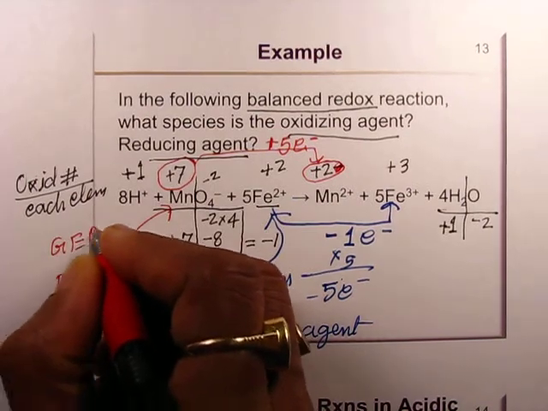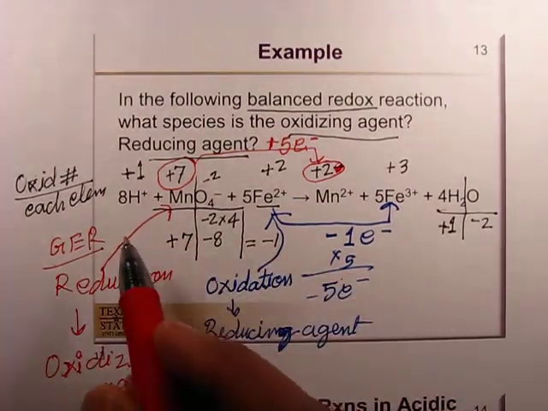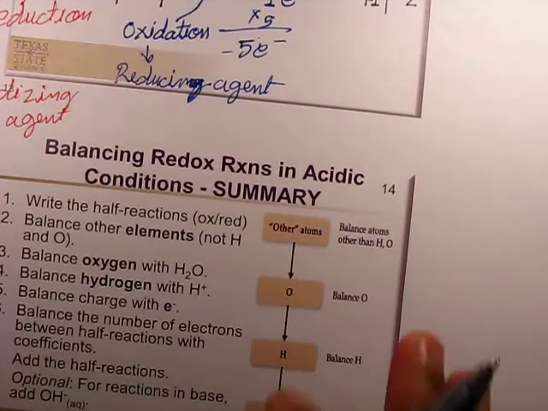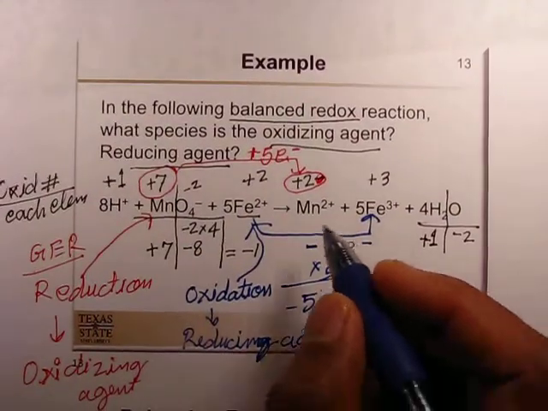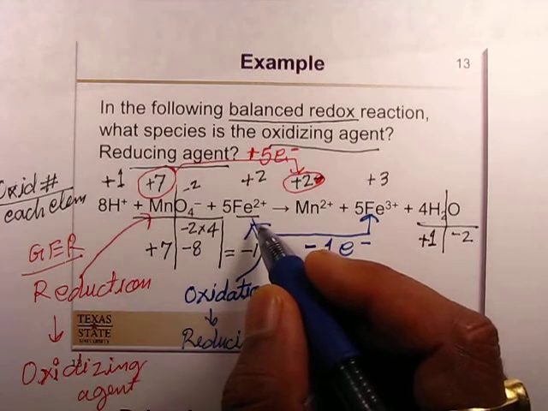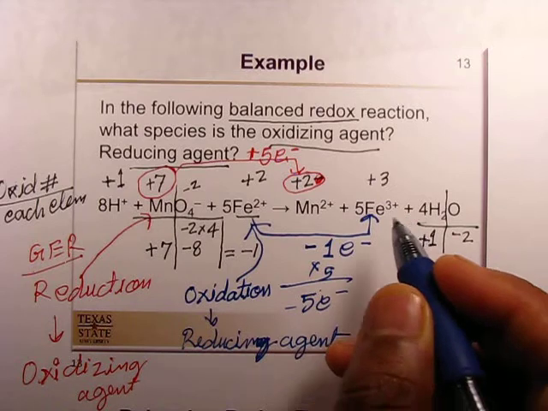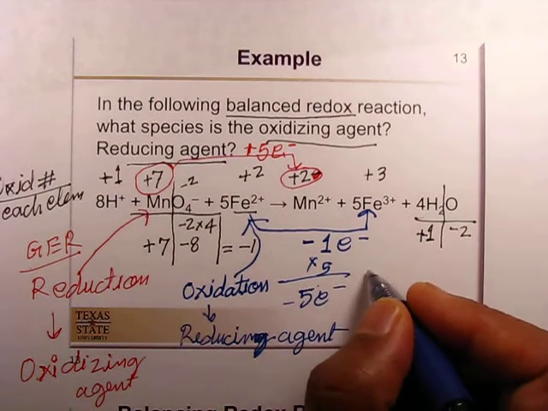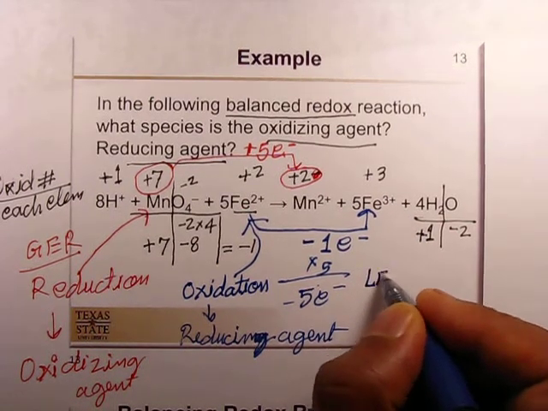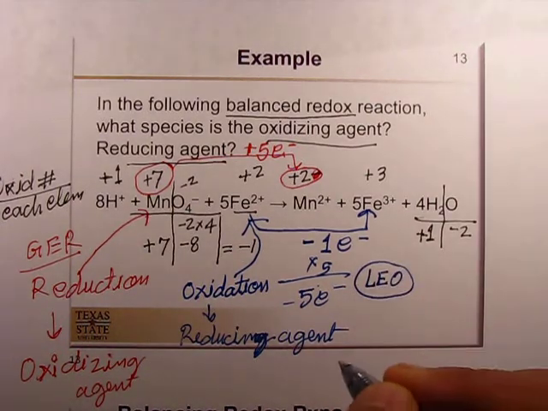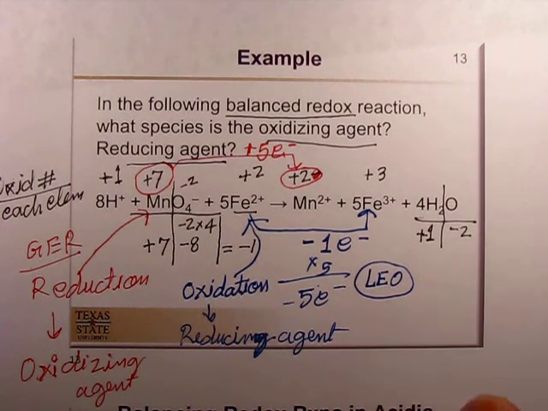GER: gain of electrons is reduction. And loss of electrons: here iron 2 is going to iron 3, which means it is losing one electron. So LEO: loss of electrons is oxidation.